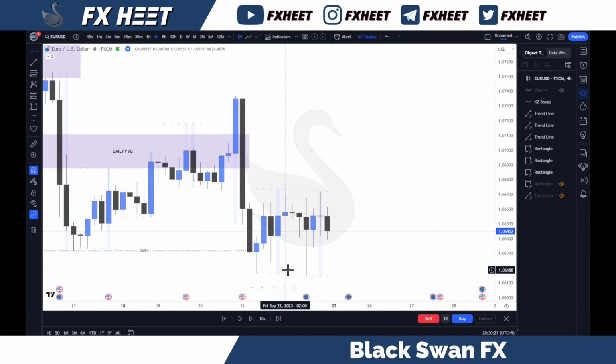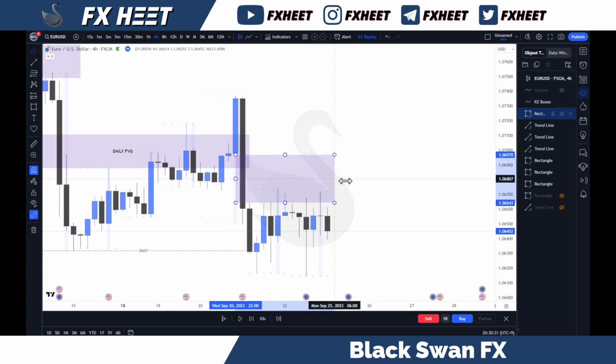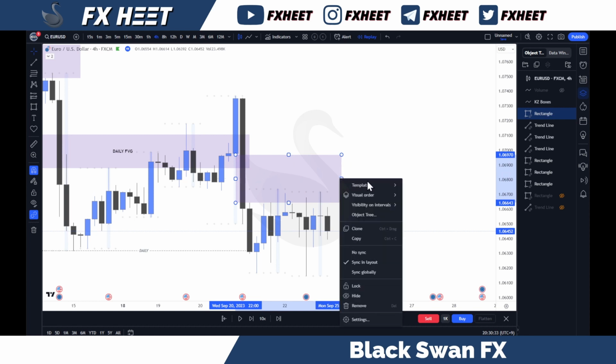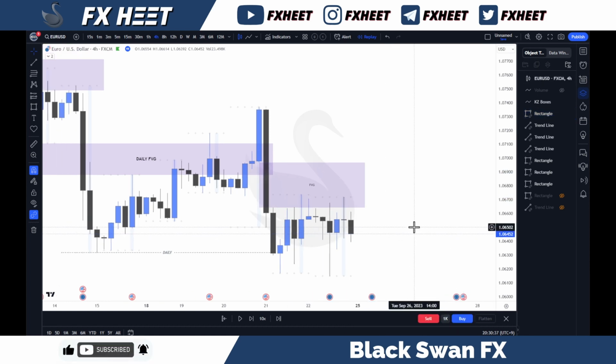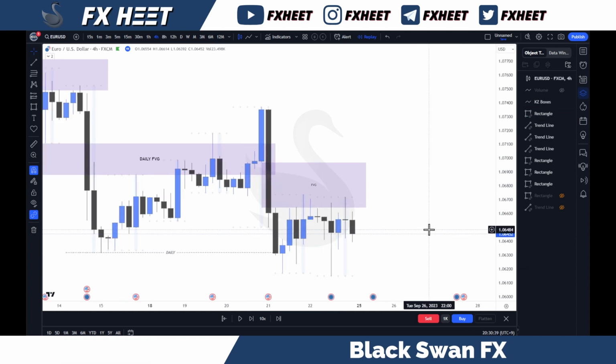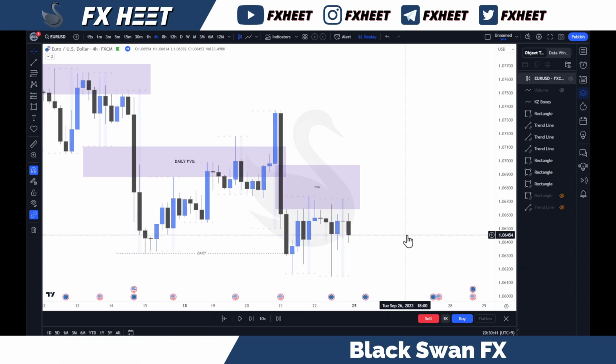If we look at the 4-hour time frame, what you can see is we've already mitigated the fair value gap. So short term is very likely to go down rather than going up for a bigger pullback.